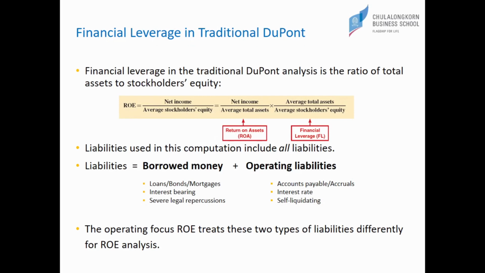Another type is operating liability, which can be generated through the operation, like accounts payable or other accruals, and so on. And here, these operating liabilities tend to be self-liquidating. So the operating focus ROE treats these two different types of liabilities differently for its ROE analysis.